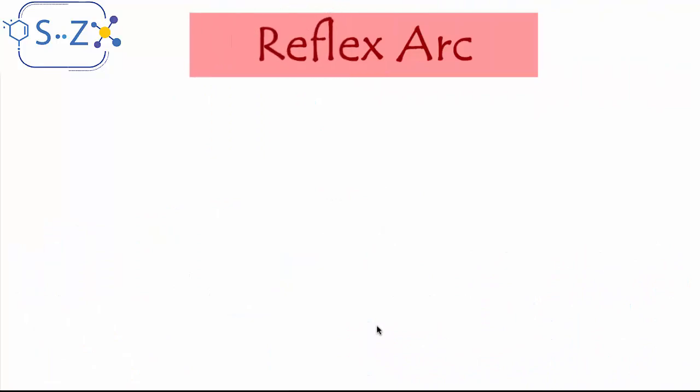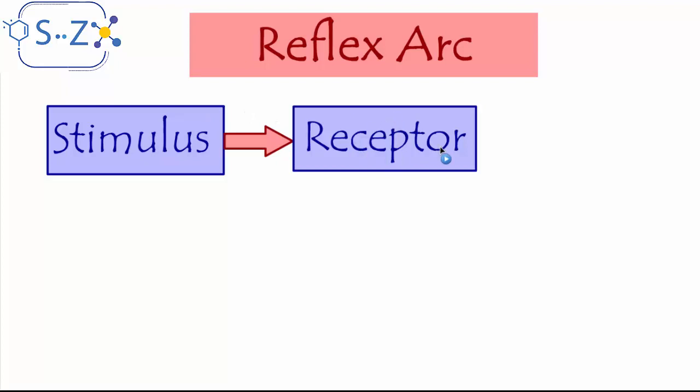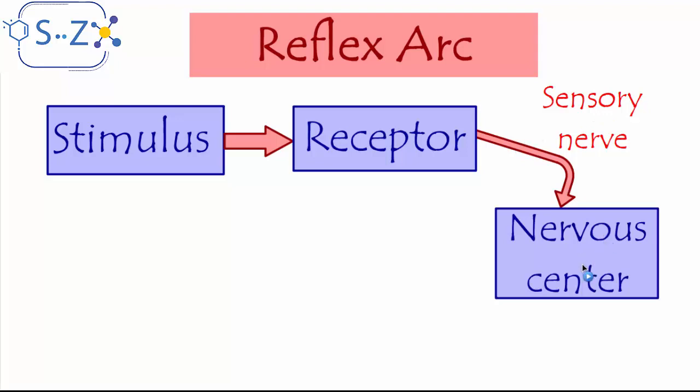So now if we want to generalize the idea, we can say that the reflex arc consists of several elements. The first one is the stimulus. After that we have the receptor organ, which receives the stimulus and translates it into a nervous message. Then the sensory neuron carries this message to the nervous center.